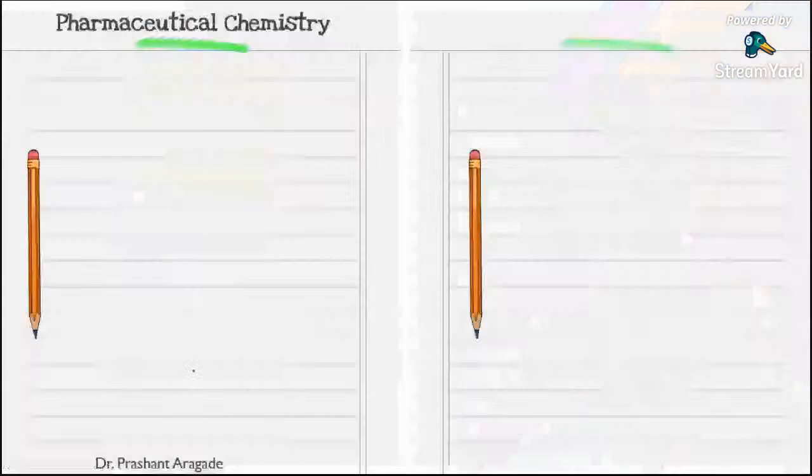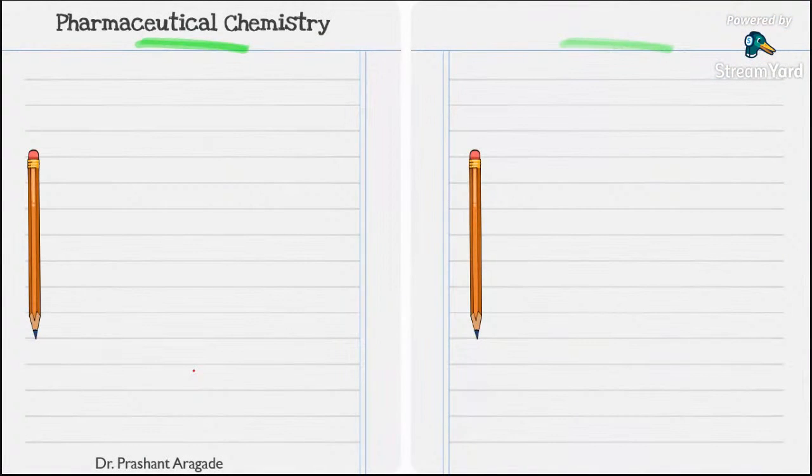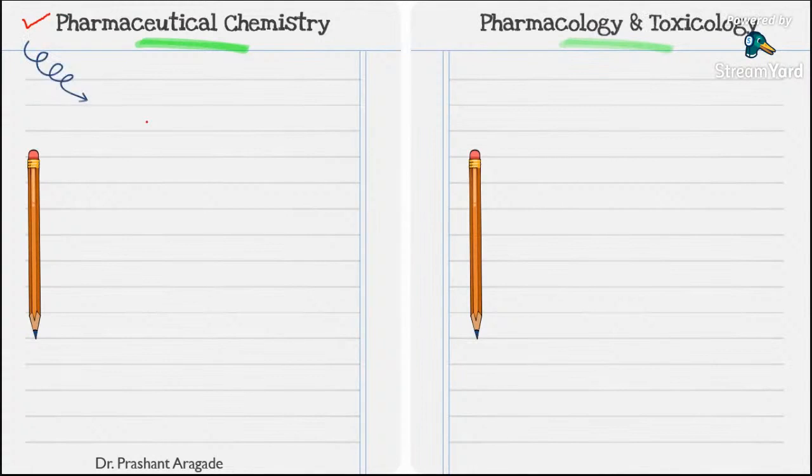And in the notebook, the left side is for pharmaceutical chemistry 2, and the right side is for pharmacology and toxicology subjects. So there is pharmaceutical chemistry on the left side and pharmacology on the right side.